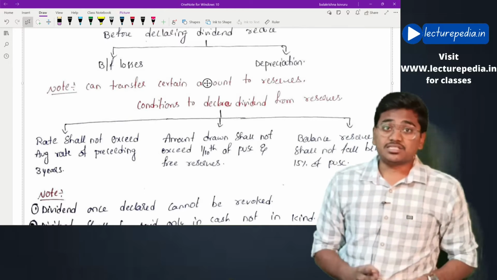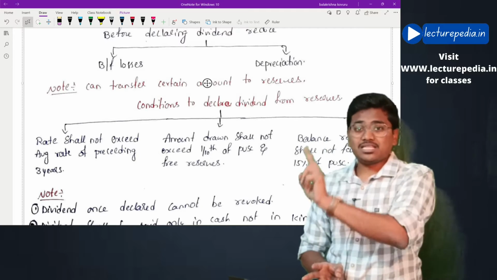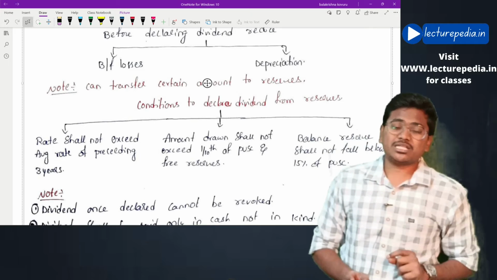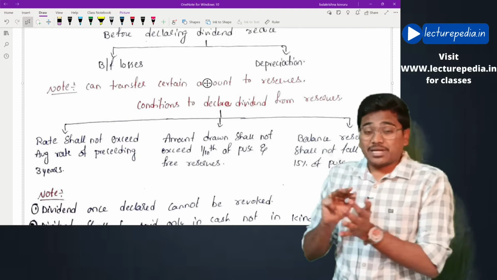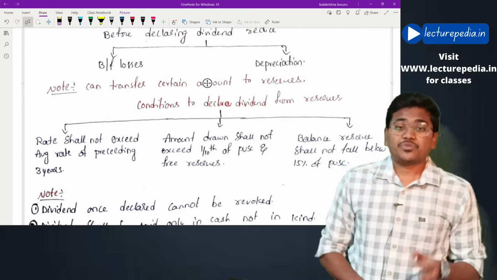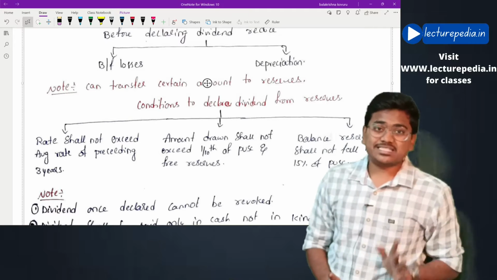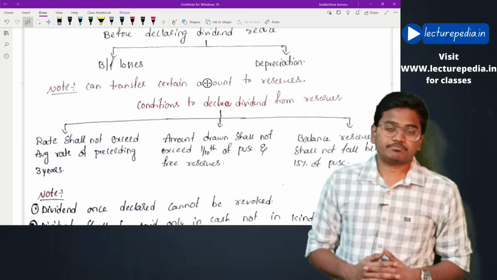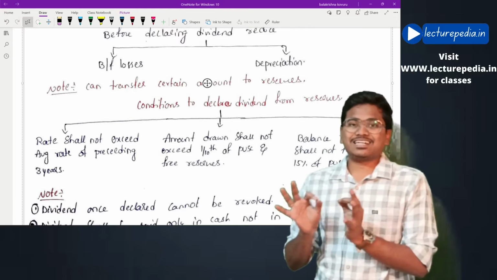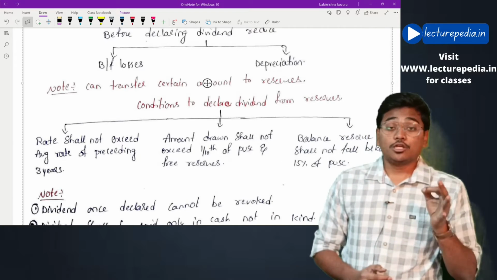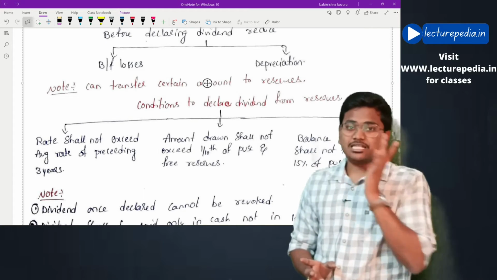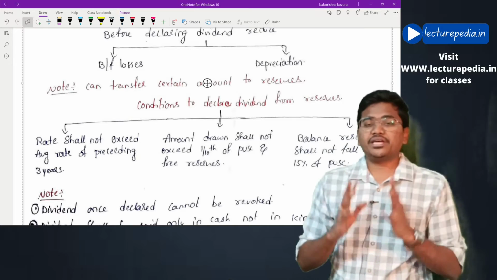And the third condition is, after withdrawing the amount from the reserves and surplus balance, the remaining balance of reserves and surplus should not be less than 15% of paid up share capital. Hope this is clear. These three conditions must be satisfied if you are utilizing reserves and surplus balance for the purpose of paying the dividend.